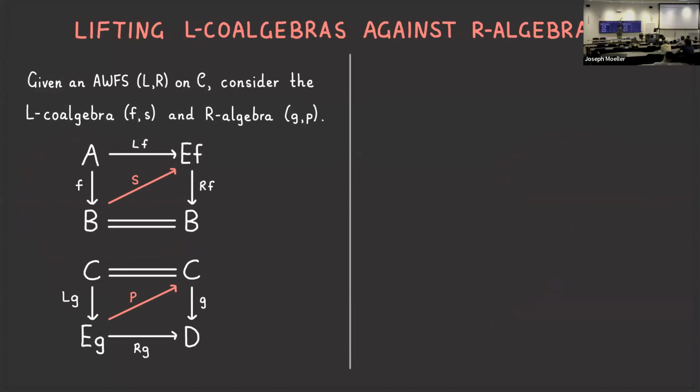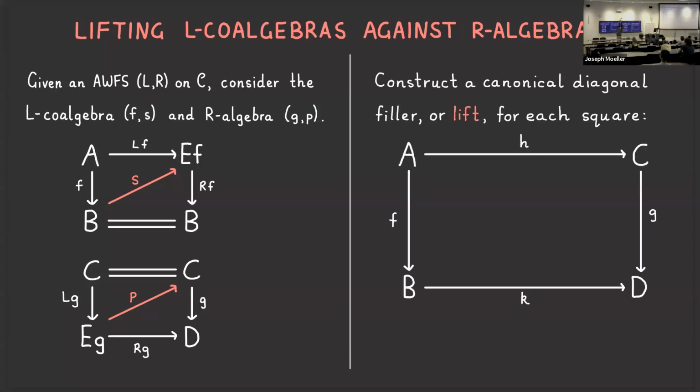And so how we do it is, we can get it from the structure of an algebraic weak factorisation system. So given an L coalgebra F of S, which is this top square here, that's the data plus some multiplication commuting square, which I haven't included, and an R algebra down the bottom, we can construct canonical diagonal fillers.